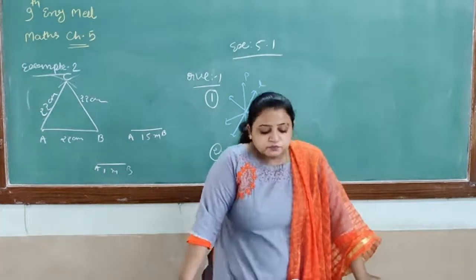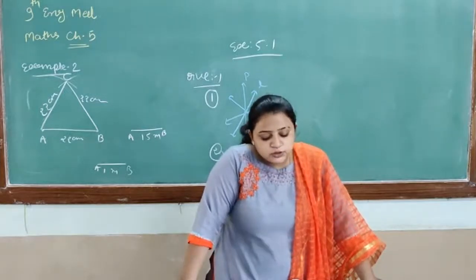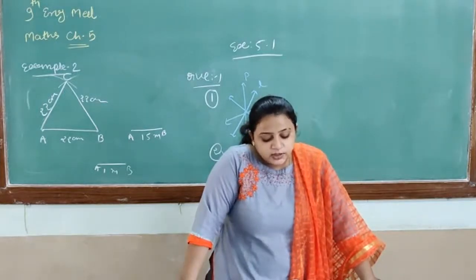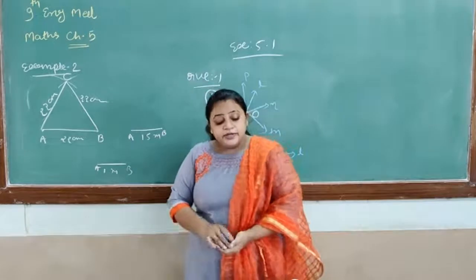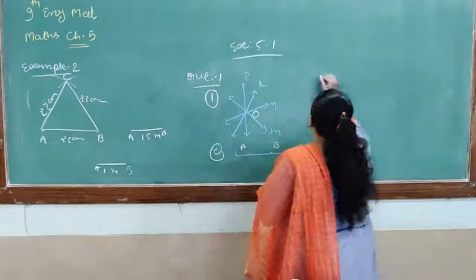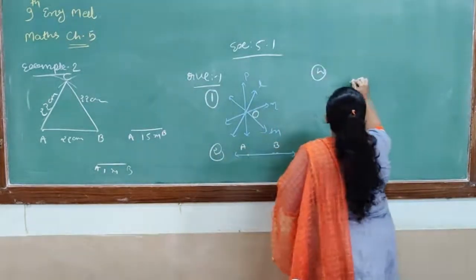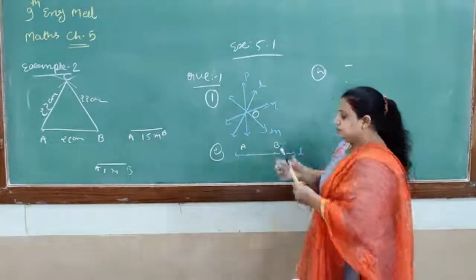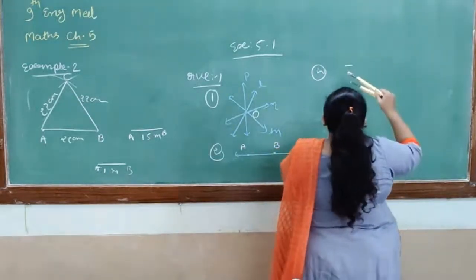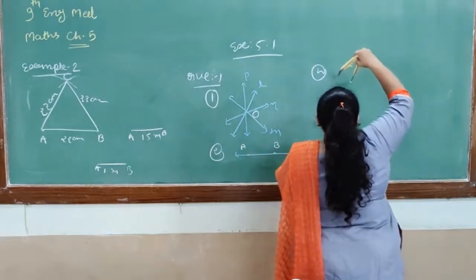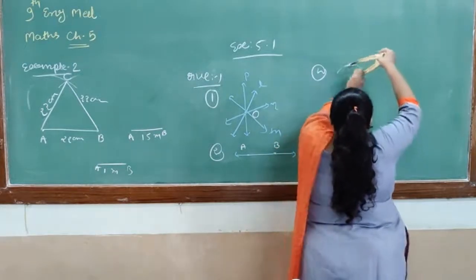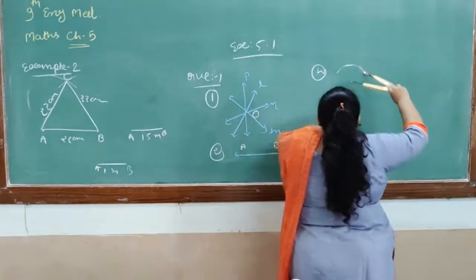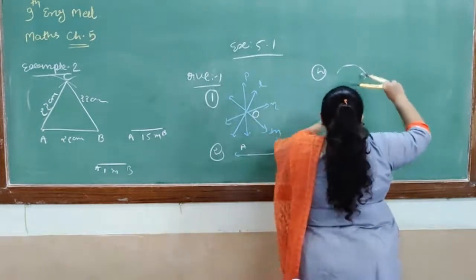Question number 4. If two circles are equal, then the radii are equal. Suppose circle 1. I will not change the measurement for another circle, fine?